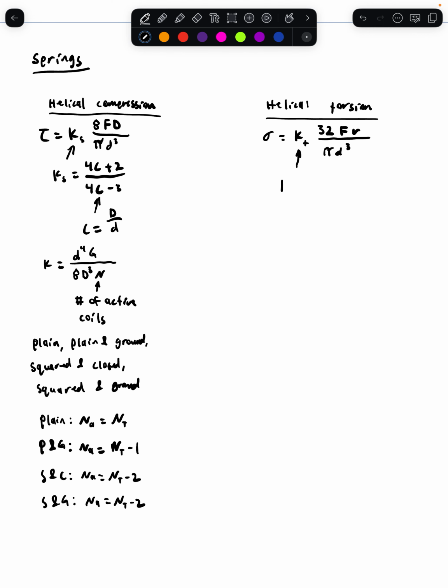This K sub T here equals 4 times C squared minus C minus 1 divided by 4 times C, and that whole thing times C minus 1.